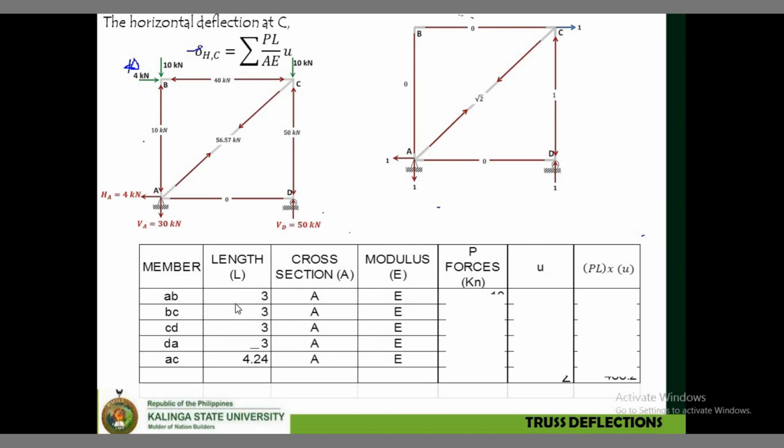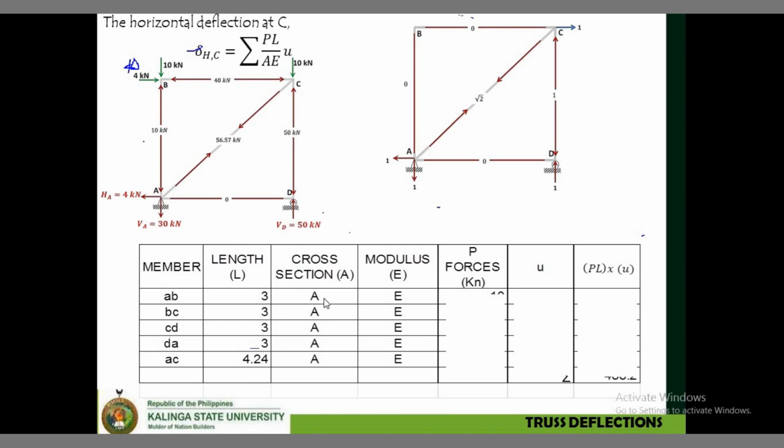Yung mga length ay given in the problem. So, kanina pinakita ko sa inyo, yung length ni AB ay 3, yung length ni AD ay 3 din. 3 meters yun. And so, using Pythagorean theorem, na-solve ko yung length ni AC, which is equal to 4.24.